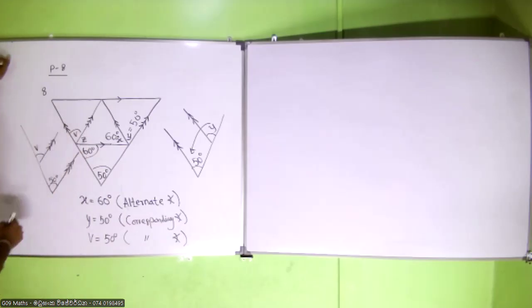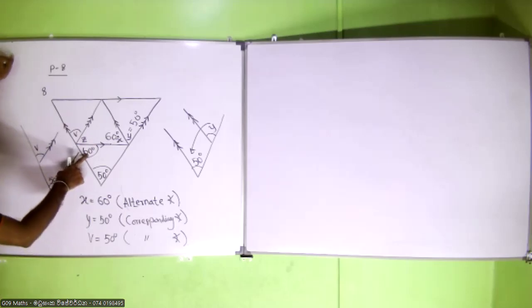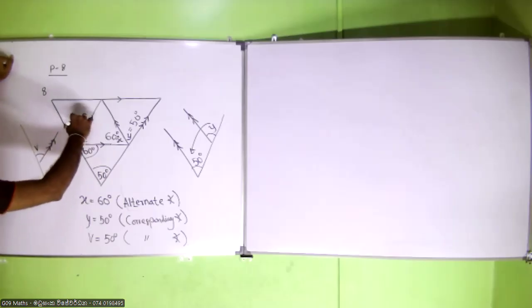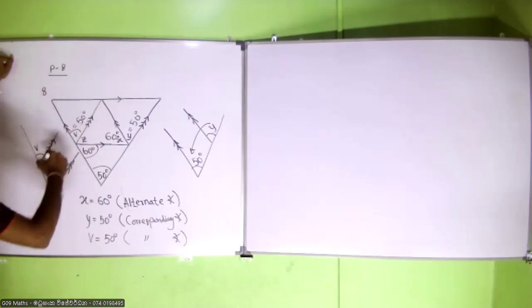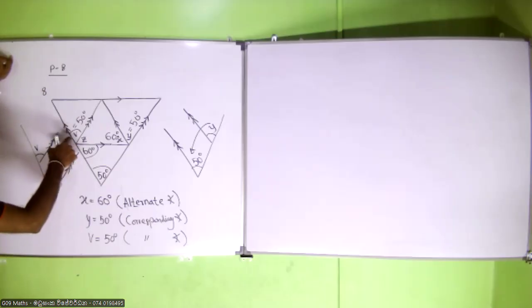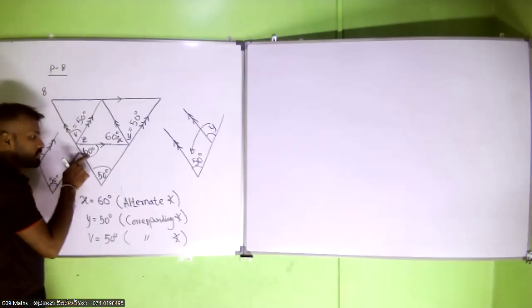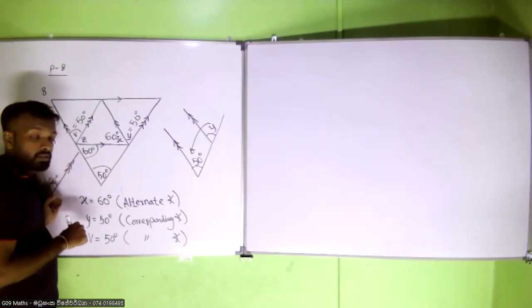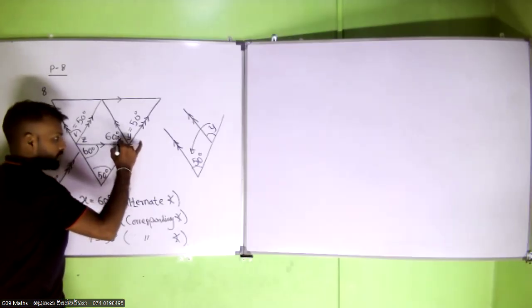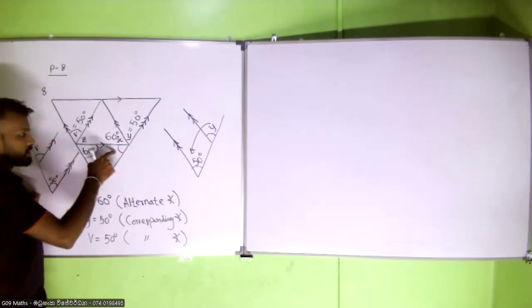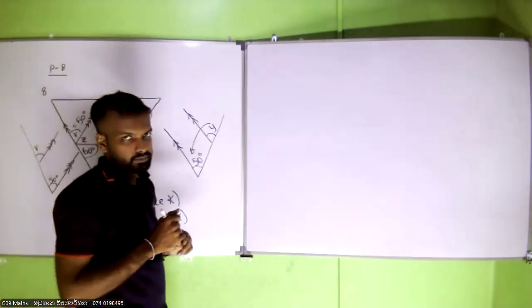v okay, x okay, y okay. How to find z? This is 60, and v is equal to 50. You know the sum of the three angles is equal to 180. So 60 plus 50 plus this angle is equal to 180.